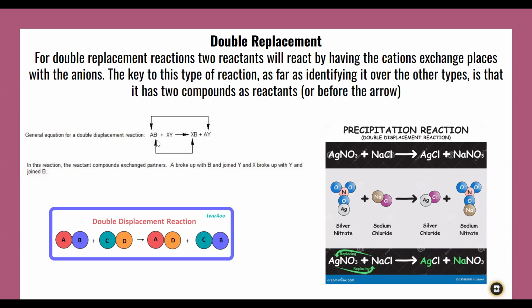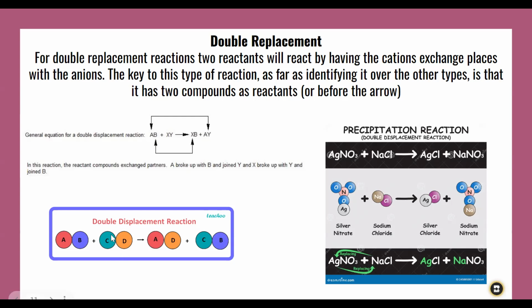Okay, you see how this used to be A, now it is X. This A and X, which are cations, trade places because during the reaction, the ionic compounds will break apart and then trade places to give this product.